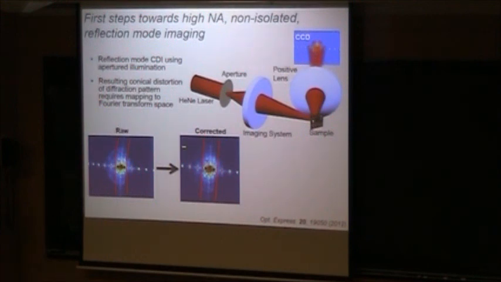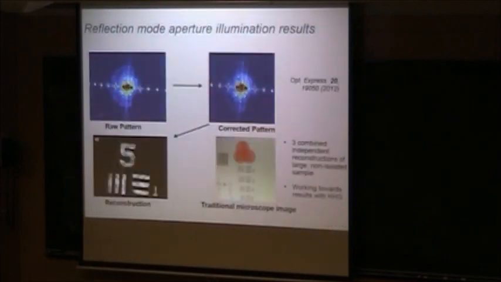We know how to correct for this, knowing what wavelength of light we have, how far away the detector is, things like that, and the angle at the sample. So we get our scatter pattern, we map it onto the linear frequency space, we pop this scatter pattern into our reconstruction algorithm, and out comes a reconstruction of the sample.